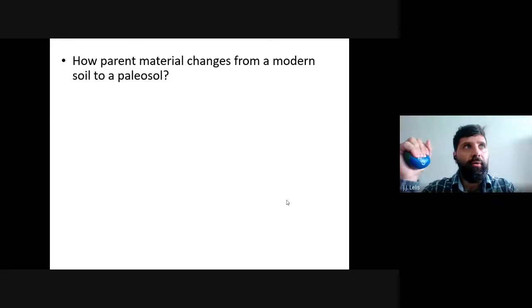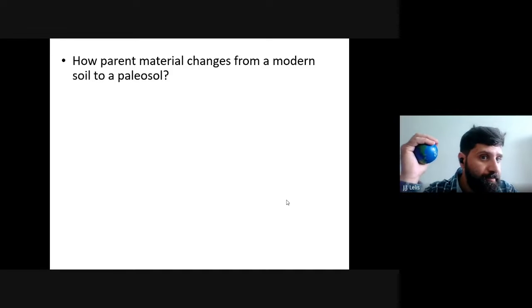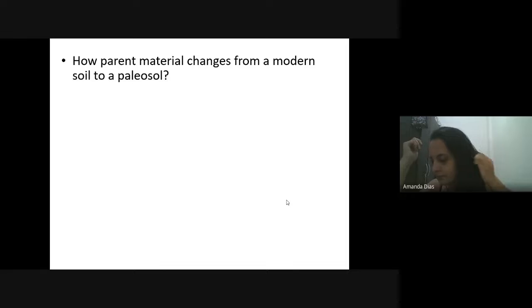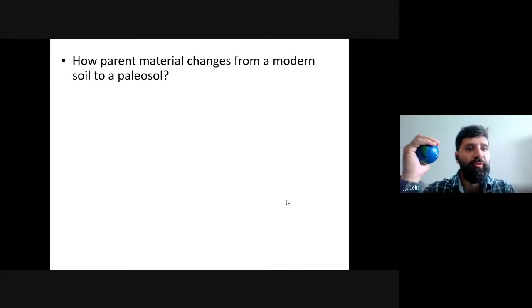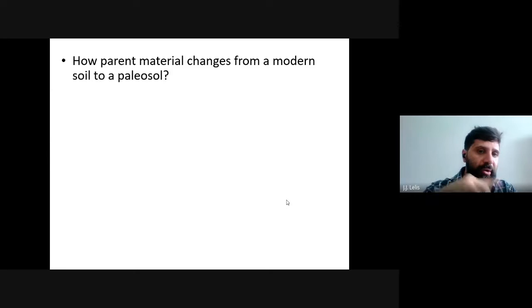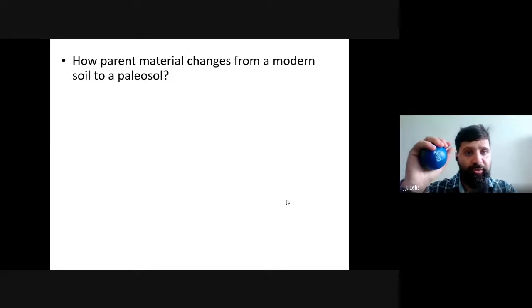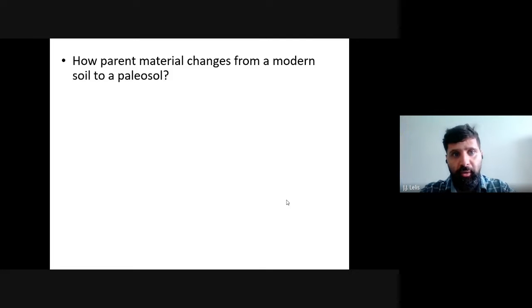So we discussed that a paleosol can be buried, and the burial of a soil is quite important to understand how the parent material could be changed, because if you bury a soil, you change it from a modern soil to a paleosol, okay?